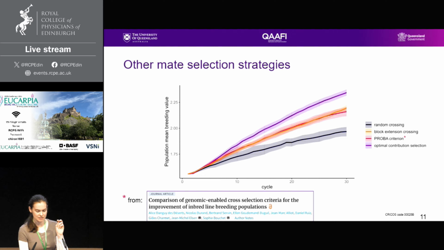And we've also got this PROBA criterion, which is from the family of usefulness criterion mate selection methods. I picked this one specifically because it gives us a pretty good rate of gain for this more diverse parent population that it often has to work with in these simulations. But it's getting pretty much the exact same rate of gain as our block extension crossing.